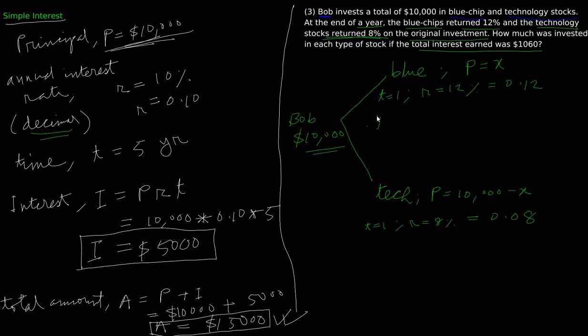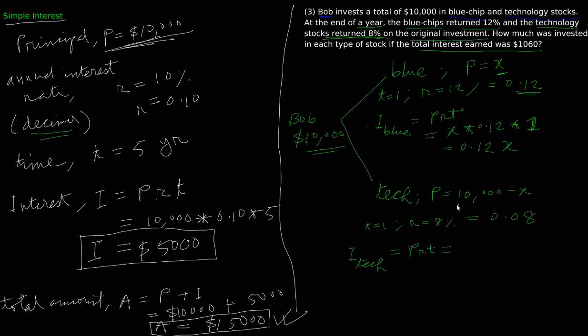Now the interest received from blue chip is PRT. P is X, R is 0.12, and T is 1 year. So it will be 0.12x. What about tech? The interest received in tech stock is again PRT.